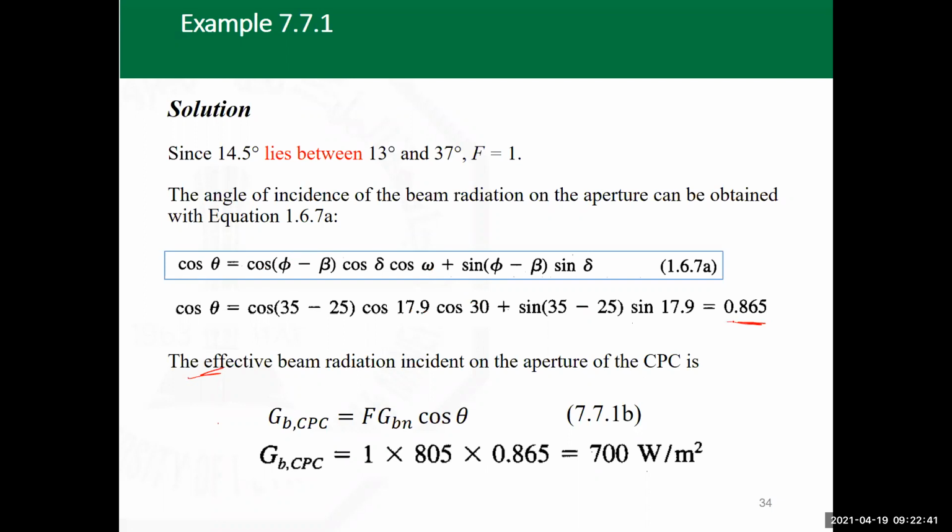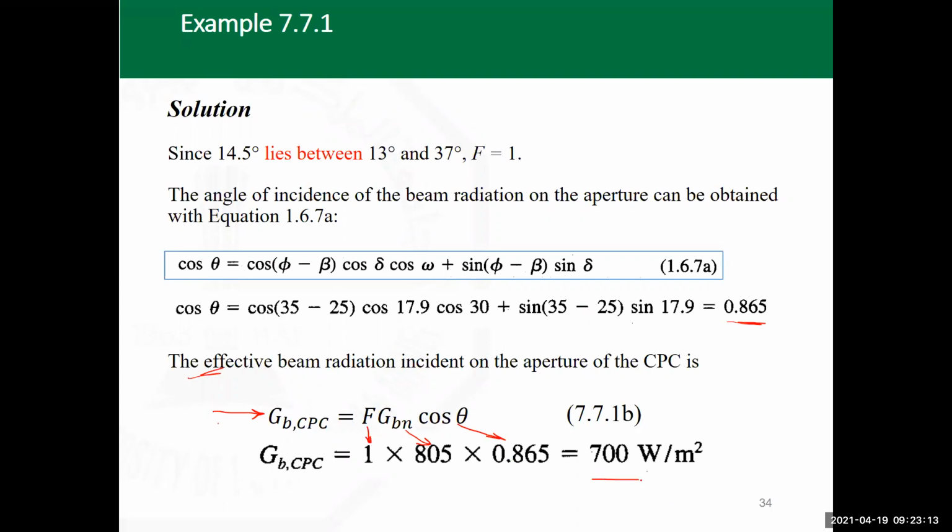Now we are in a position to substitute into equation 771b, so that GB, the beam component of the radiation falling into the collector, is equal to F, which is 1 because we have satisfied the criterion, times GBN, which is given as 805, times cosine theta, calculated as 0.865.